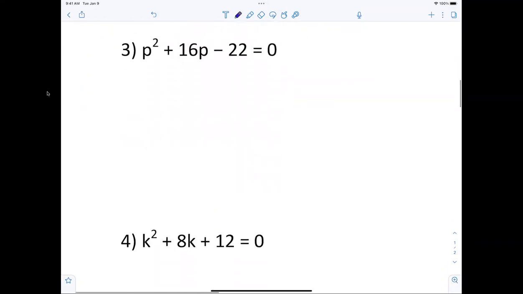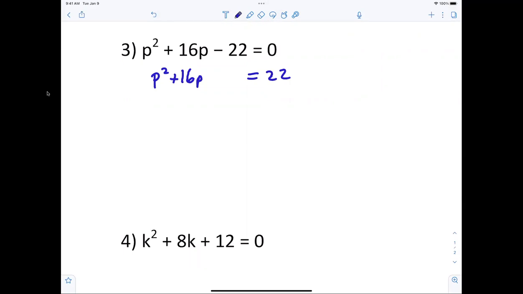All right, so what am I doing first? Adding 22, p squared plus 16p equals 22. Half and square, what's half and square? Say it. 64.